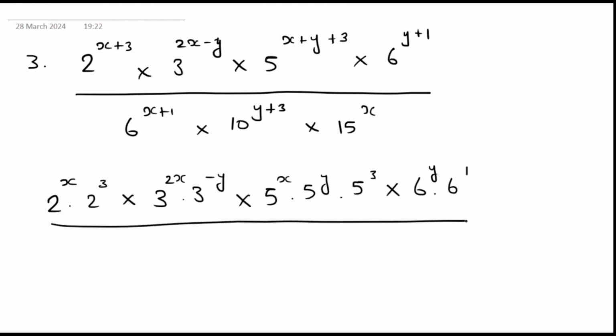The whole divided by 6 to the power x into 6 to the power 1 into 10 to the power y into 10 to the power 3 into 15 to the power x.